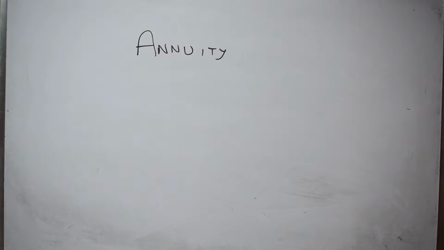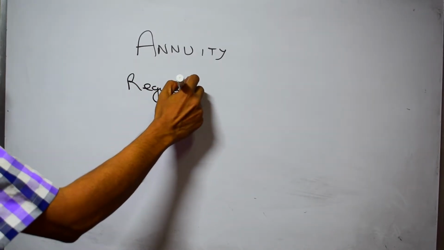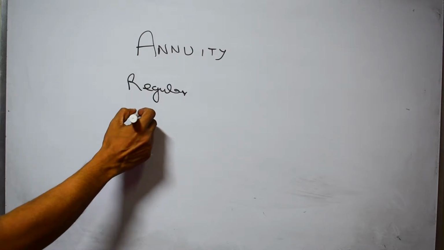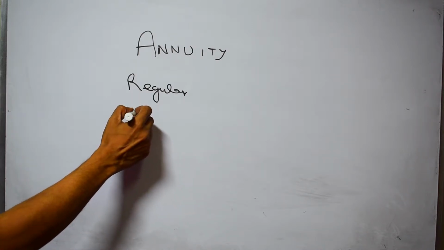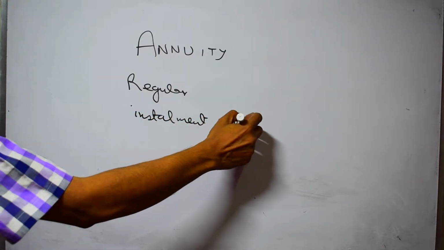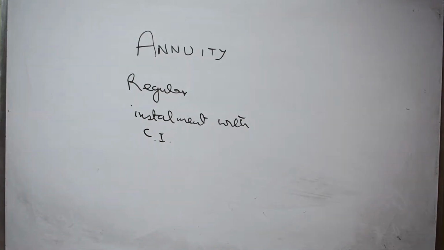Today we will discuss the concept of annuity. Mainly the idea will be the regular annuity, which means installments with some interest in the mode of compound interest, that is, installments with CI, compound interest.